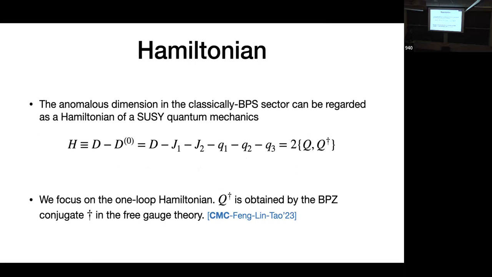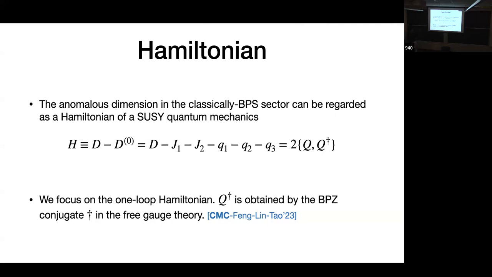The anomalous dimension in this classically BPS sector can be regarded as the Hamiltonian of a supersymmetric quantum mechanics. We take D minus D0, and that gives us this charge combination, a combination of Q and Q dagger, and we can call it a Hamiltonian.